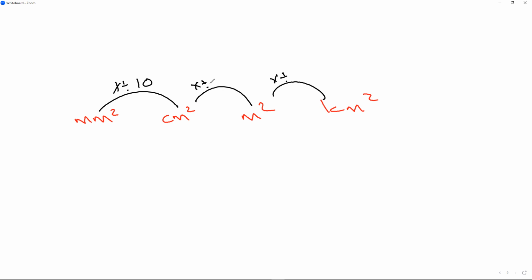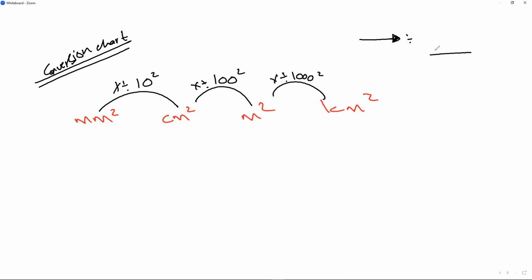This one is 10, 100, 10 squared, 100 squared, 1000 squared. And that's the conversion chart. I'm going to leave that up there. And don't forget, if you're going towards the right, you divide. If you're going left, you're going to multiply by those numbers. Try these now.